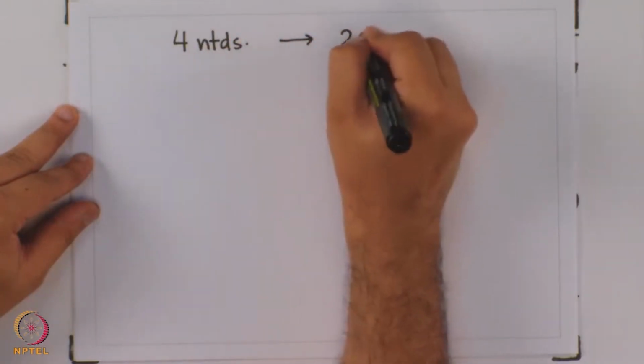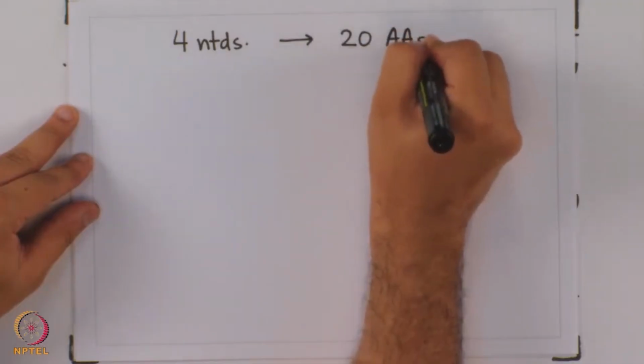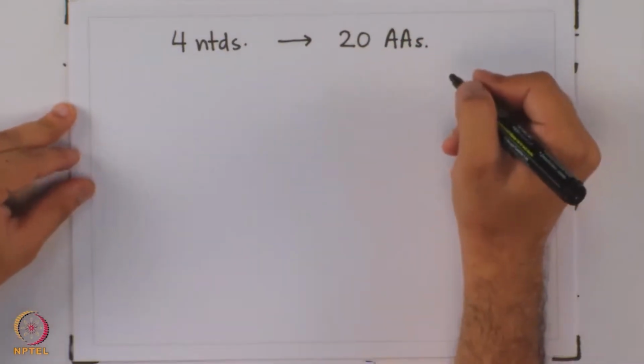We have 4 nucleotides and 20 amino acids. AAs would stand for amino acids.